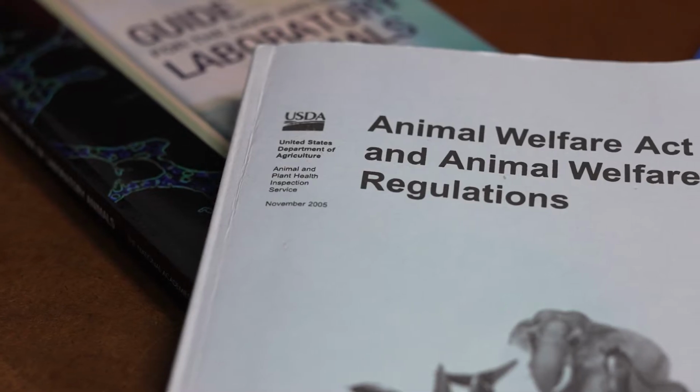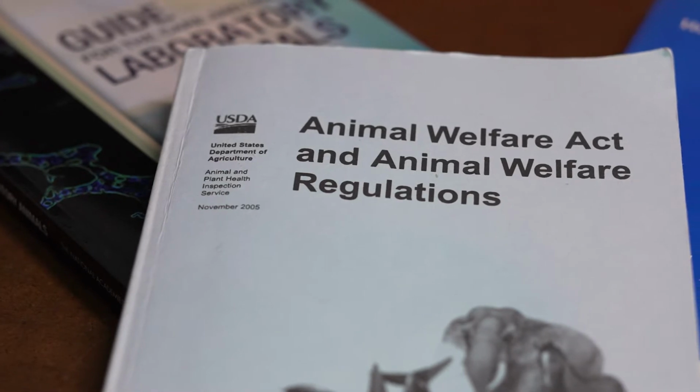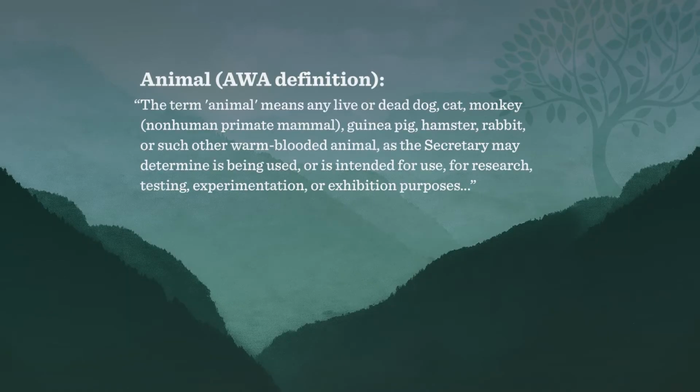Now, under the Animal Welfare Act, the term animal has a very convoluted definition. It means any live or dead dog, cat, monkey, non-human primate, guinea pig, hamster, rabbit, or such other warm-blooded animal that's being used or intended for use in research, testing, experimentation, or exhibition.